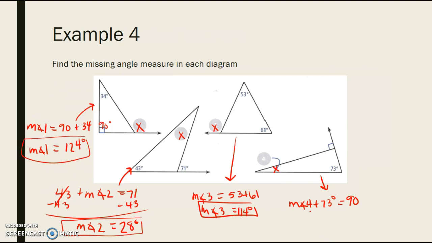And so then when I take 90 minus 73, so I'm going to subtract 73 from both sides in order to get my measure of angle 4. I end up with 17 degrees. So, remote interiors add together, they equal the exterior angle. And if we're looking for the interior angle, then our exterior angle minus the other interior angle will give us our missing interior angle.